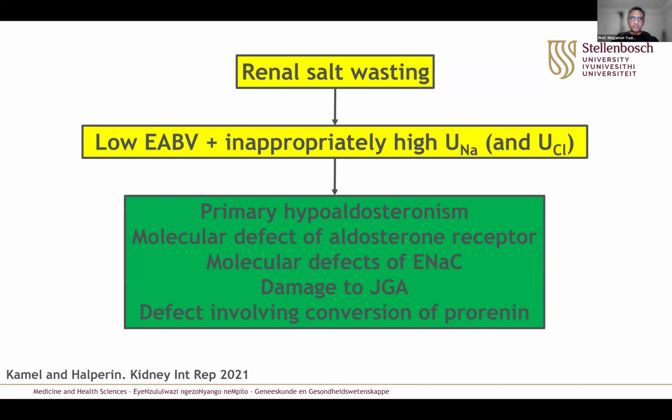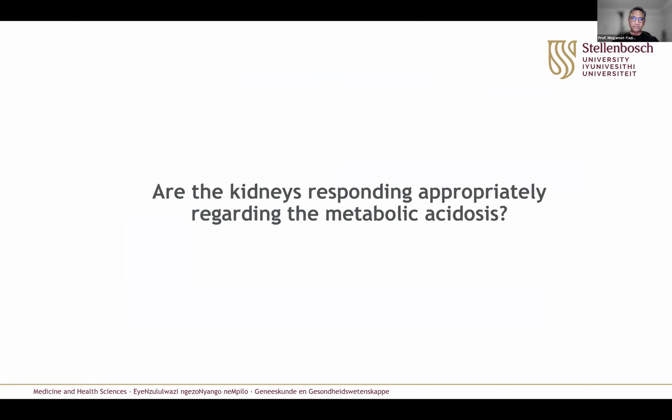The causes for renal salt wasting are primary hypoaldosteronism, molecular defects in the aldosterone receptor, ENaC channel abnormalities, etc. Again, from an ECF volume contraction and salt wasting perspective, we end up with the same differential diagnosis as for the ENaC and the faster sodium and chloride reabsorption.